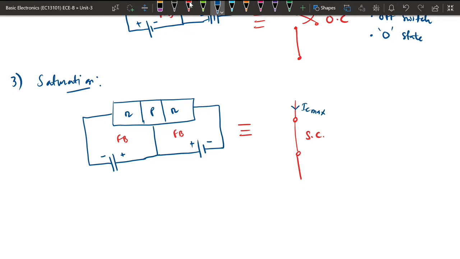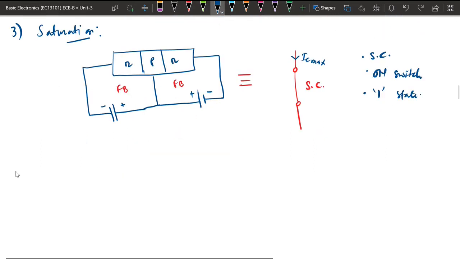Since it behaves like a short circuit, it is like an on switch, or it is considered a one state, like zero state and one state.